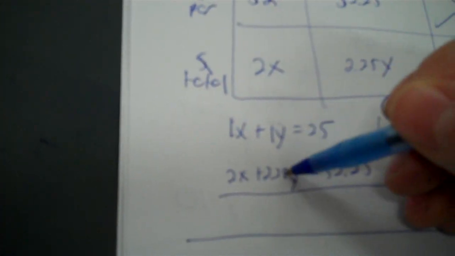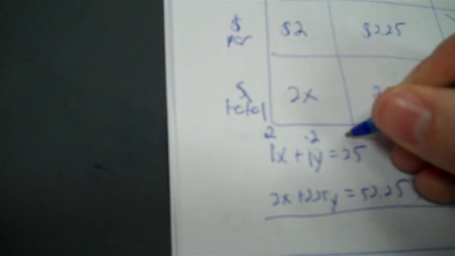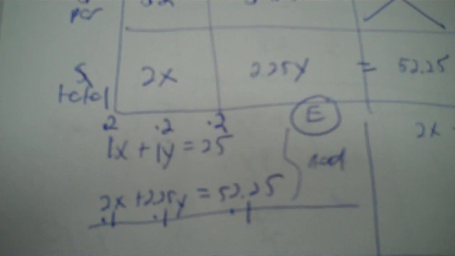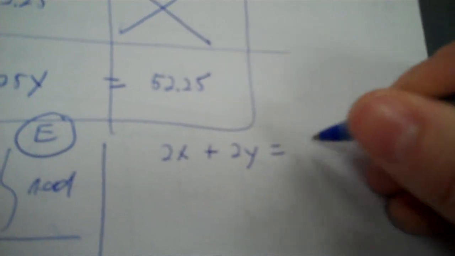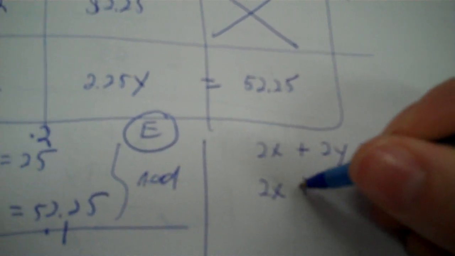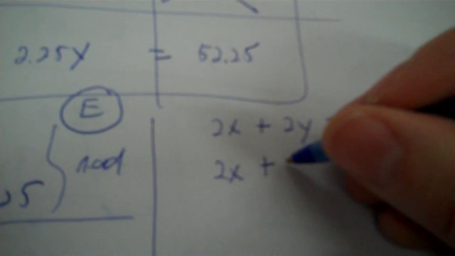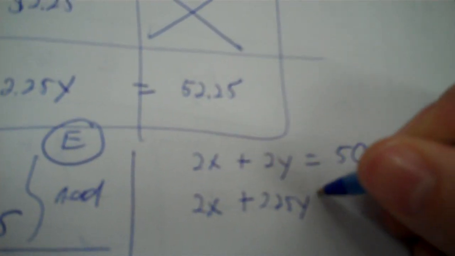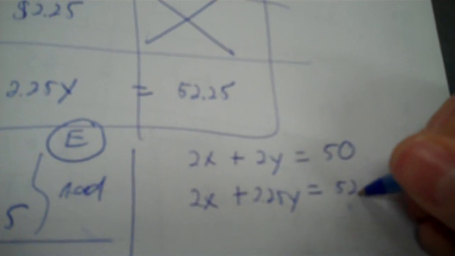That's not going to work, and these are not the same, neither are these, so we need to multiply. So I multiply 2, 2, and 2, and then 1, 1, and 1. So 1x times 2 is 2x, 1y times 2 is 2y, 25 times 2 is 50. Then the bottom you have 2x, 2.25 times 1 is 2.25y, 52.25 times 1 is 52.25.